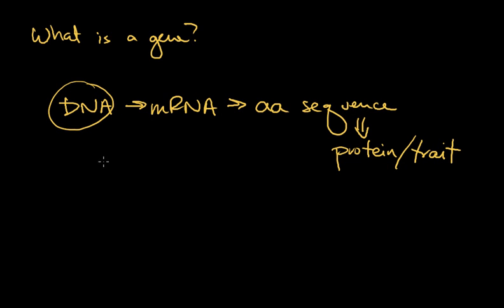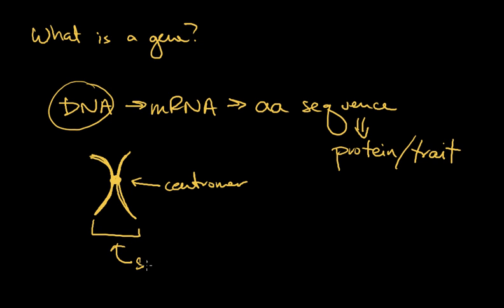So if we're talking about a single chromosome, we're talking about two sections, two molecules of DNA, that are connected by a centromere. And remember that these two are sister chromatids.